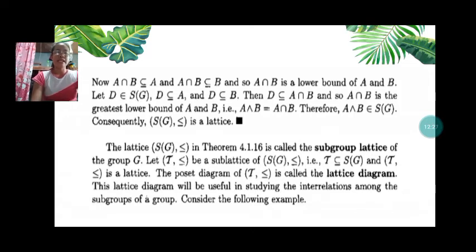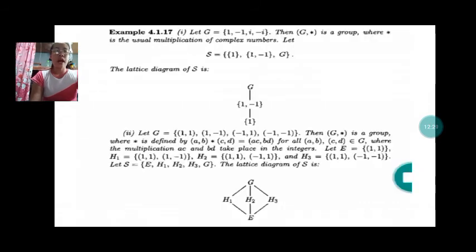Consider the following example. Example 4.1.17. Number 1. Let G be the set {1, -1, i, -i}. Then G with * is a group, where * is the usual multiplication of complex numbers.